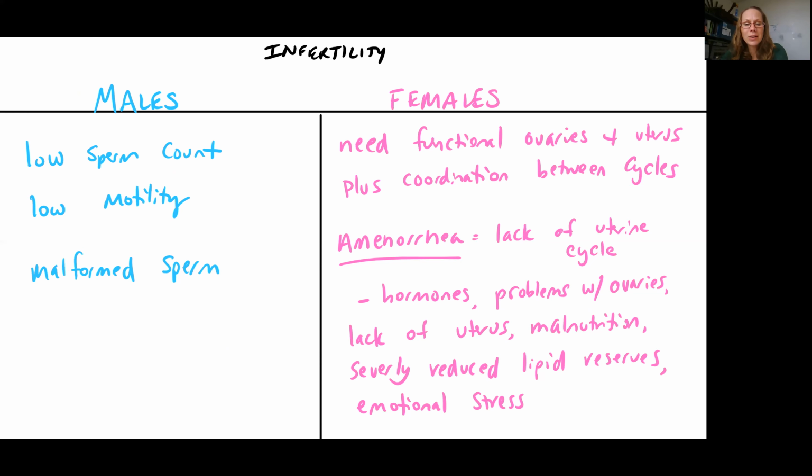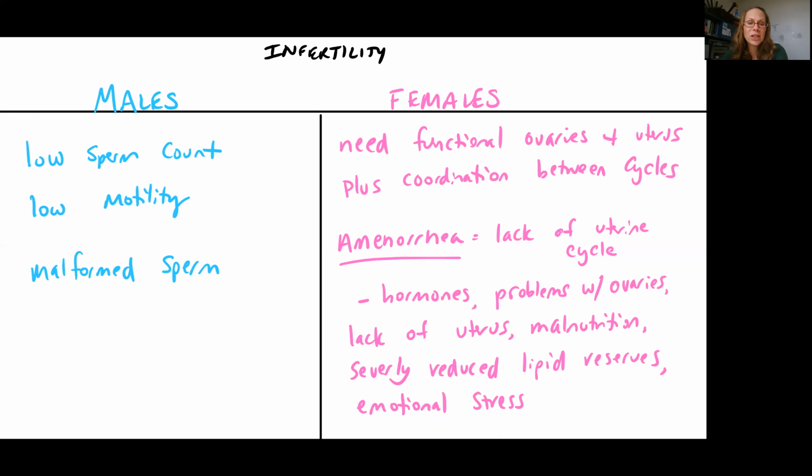Or you can have a secondary amenorrhea, which is typically brought on by maybe emotional stress or malnutrition, or not having enough lipid reserves can also trigger this. Now, a reduction in lipid reserves might be because an individual is starving.